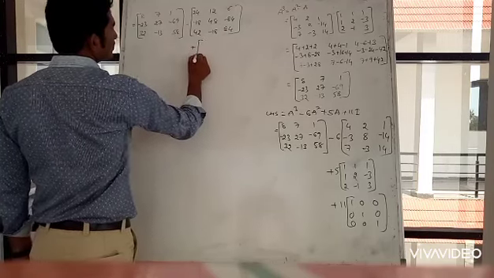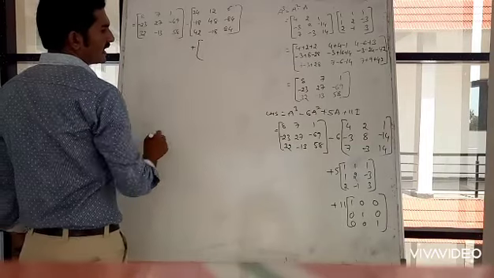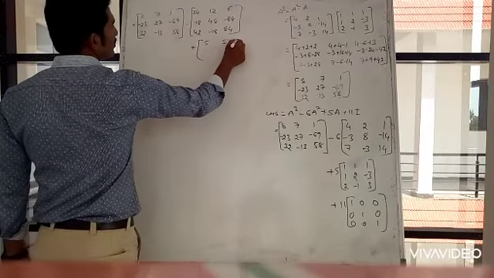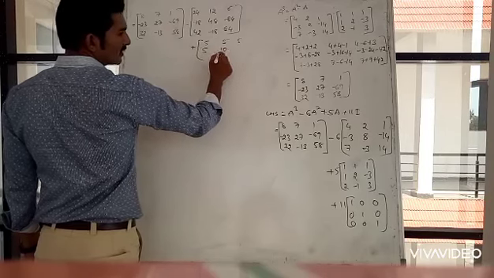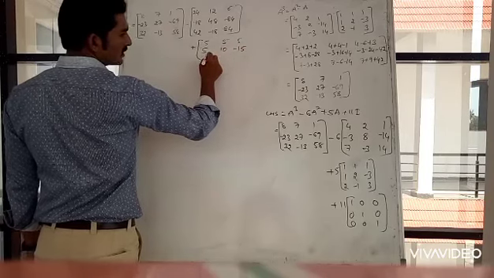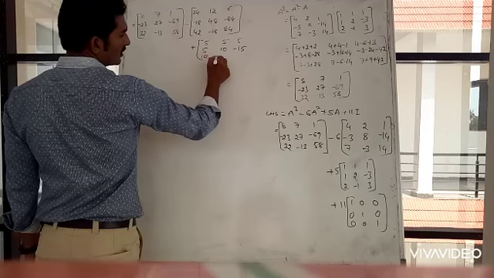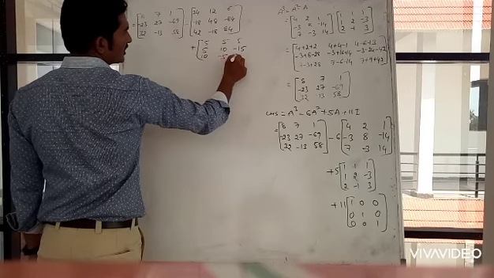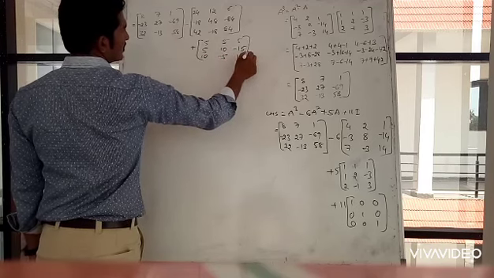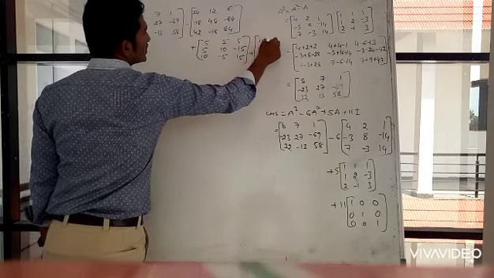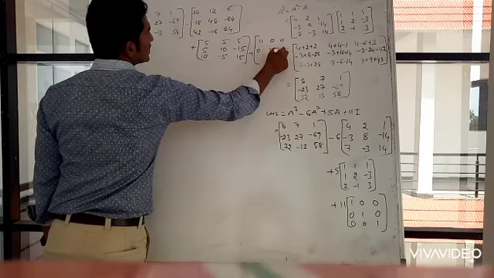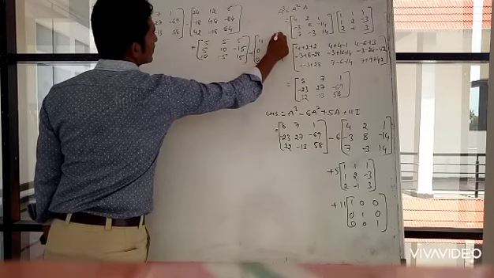Plus 5 into A: 5 5 5, 5 10 minus 15, 10 minus 5 plus 15. Plus 11 0 0, 0 11 0, 0 0 11.